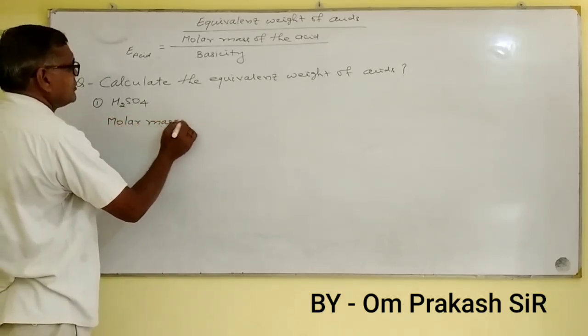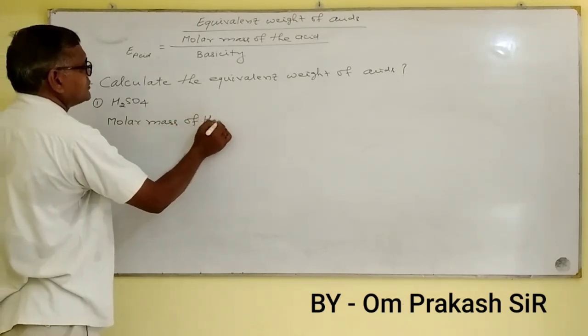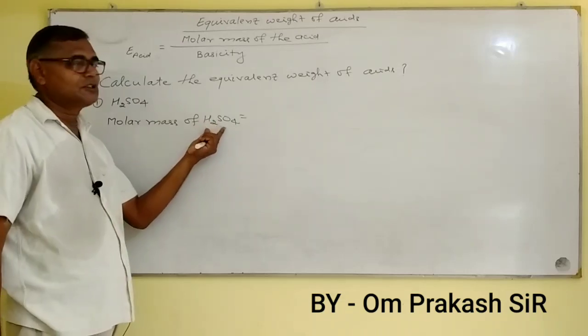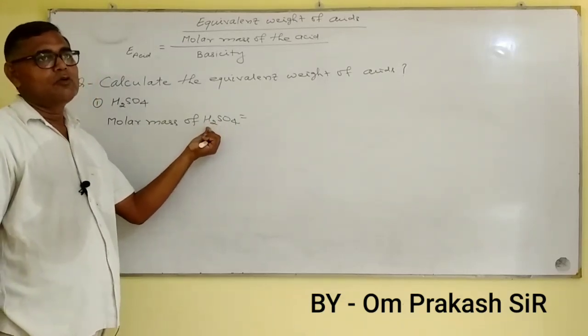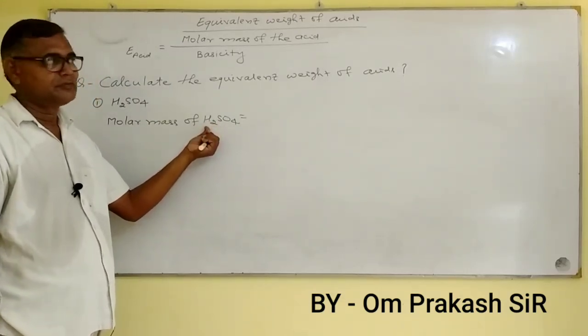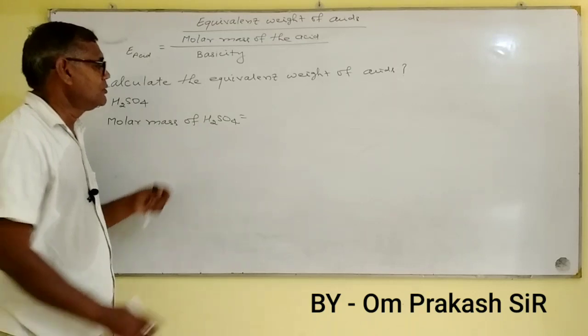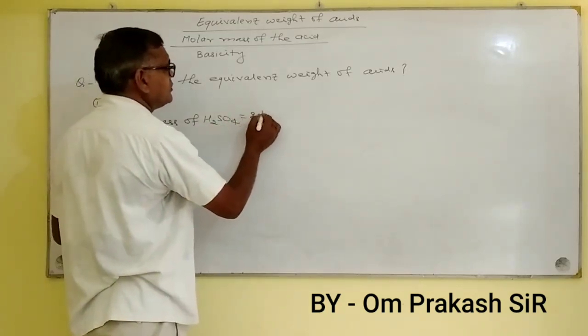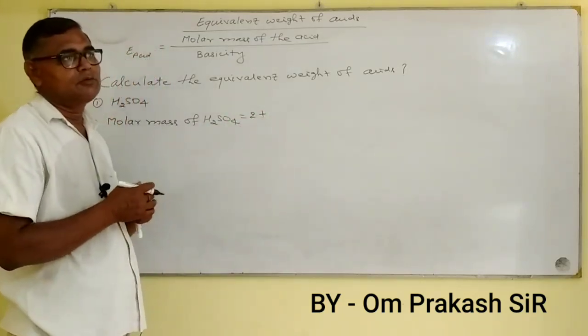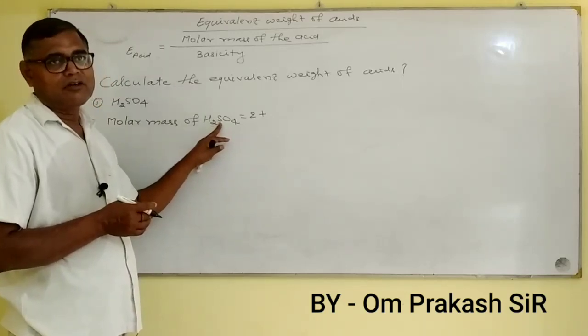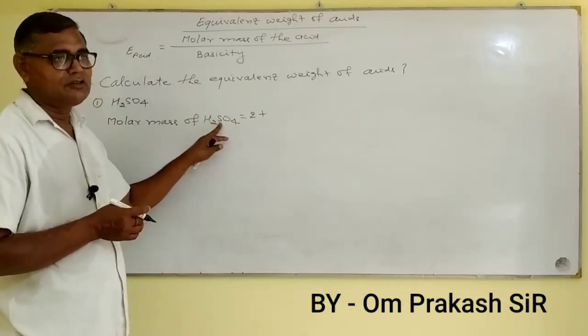We write molar mass of H2SO4. In H2SO4, 2 hydrogen atom. Atomic weight of hydrogen is 1. We multiply 1 and 2, we get 2. In H2SO4, 1 sulfur atom. Atomic weight of sulfur is 32.